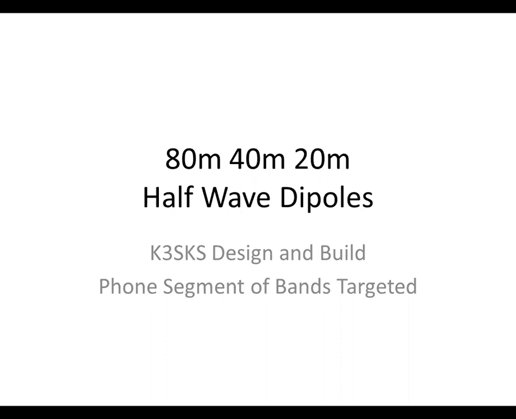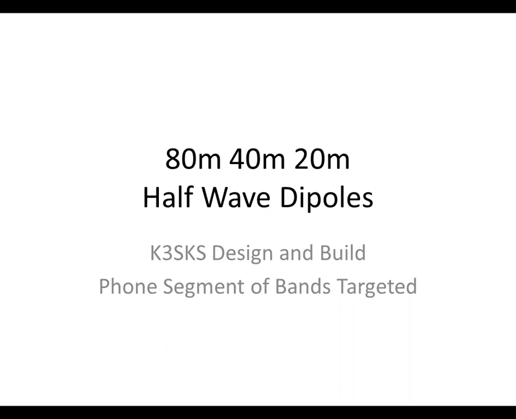Okay, this one is going to go through a little case study here on 80, 40, 20 meter half-wave dipoles. These were the ones that I put up in my backyard for Judy to do the PAQSO party.